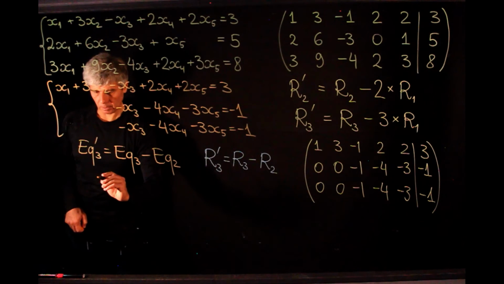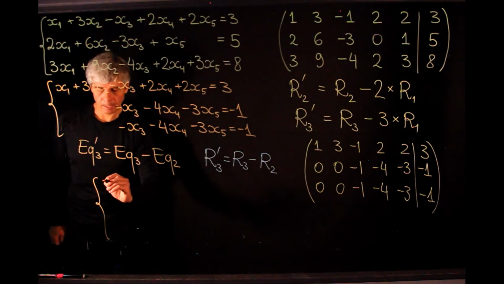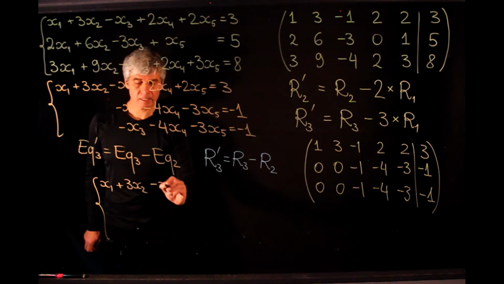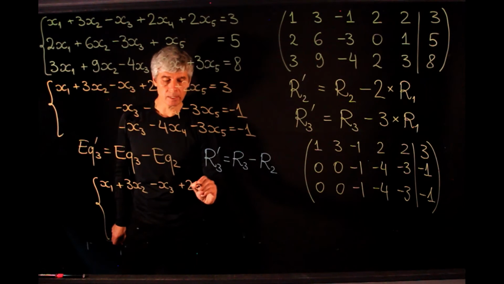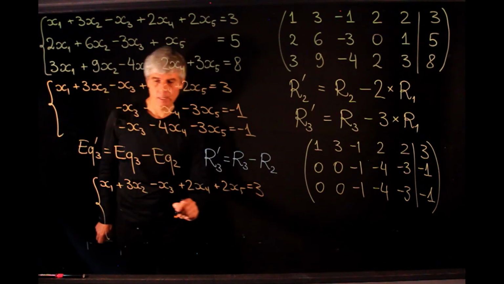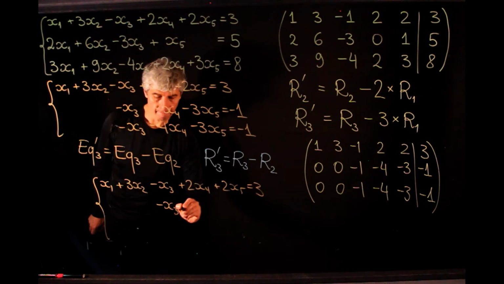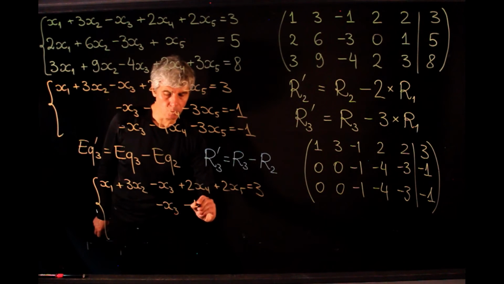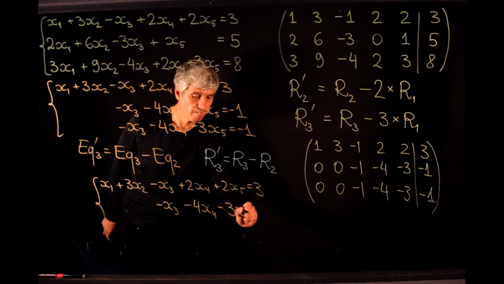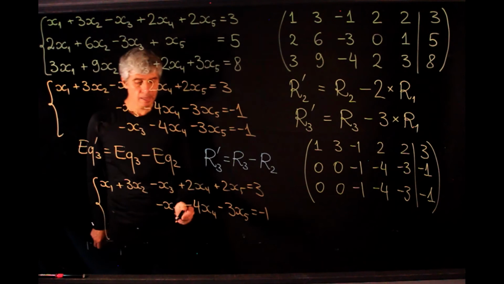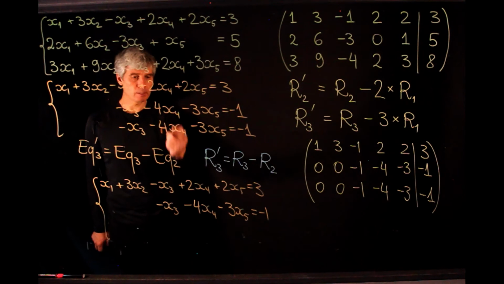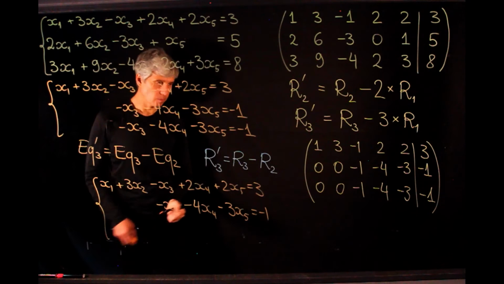So the corresponding system of equations will be x1 plus 3x2 minus x3 plus 2x4 plus 2x5 is equal to 3, and minus x3 minus 4x4 minus 3x5 is equal to negative 1. And the last equation completely cancelled out here because the difference between these two equations is 0.